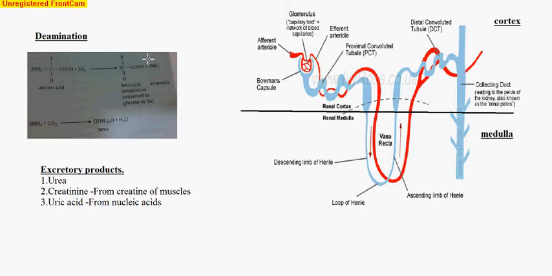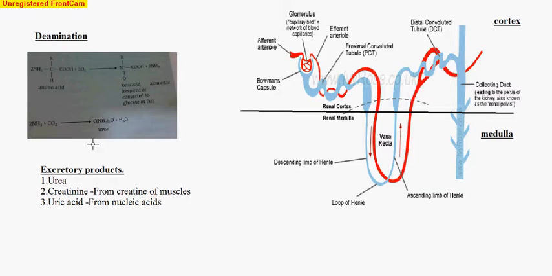So in order to remove this ammonia, it reacts with carbon dioxide and gives you urea. Now urea is less poisonous, and it can be withstood. So this will be removed later on in the process, and it will be explained in ultrafiltration.